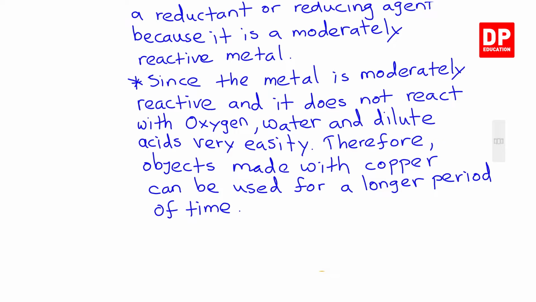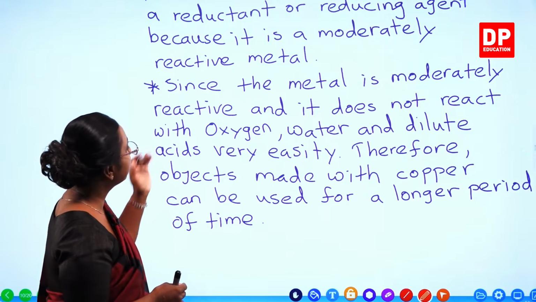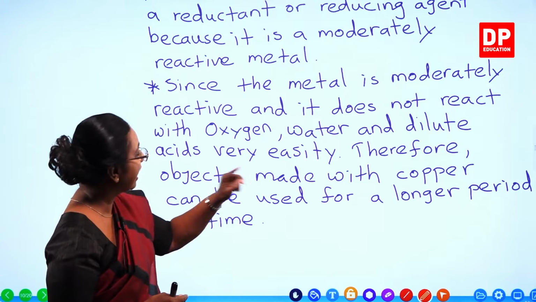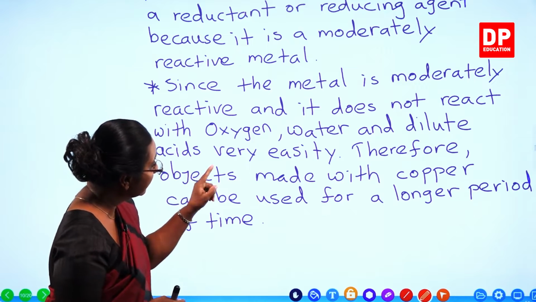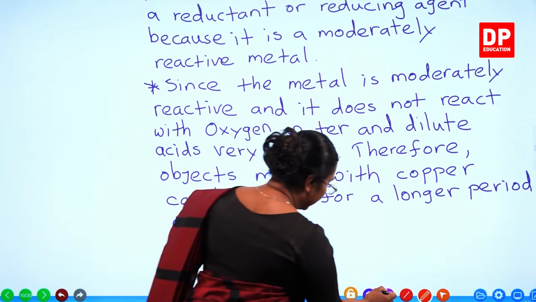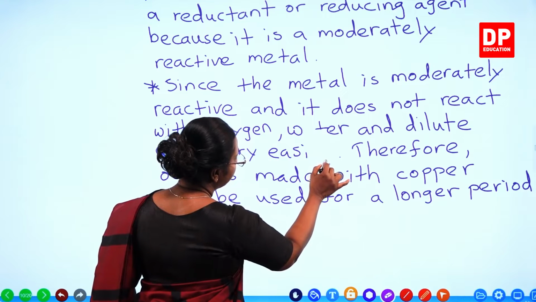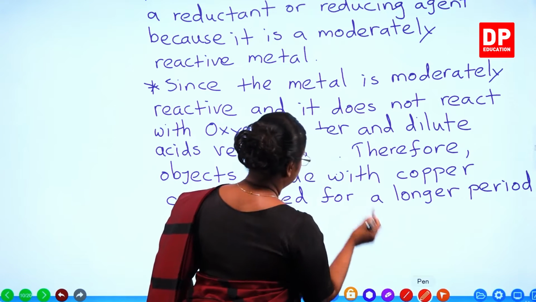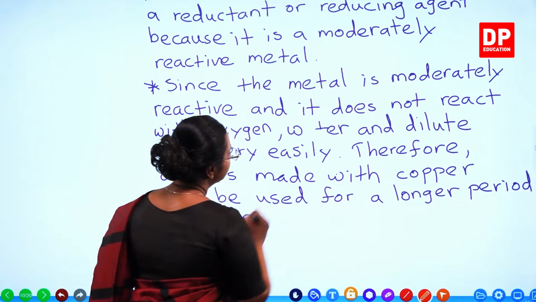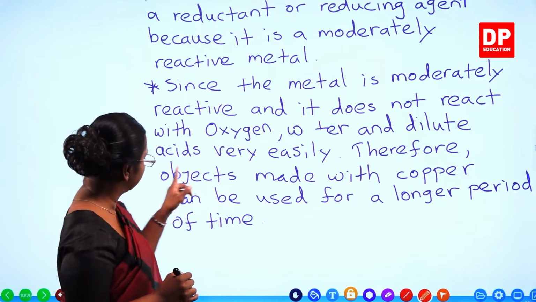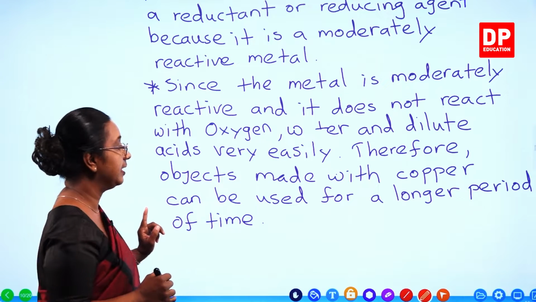So because of that, it is easy to use copper. So since it is a metal that is moderately reactive and it does not react with oxygen, water and dilute acids very easily, it does not react easily. Therefore, objects made with copper can be used for a longer period of time.